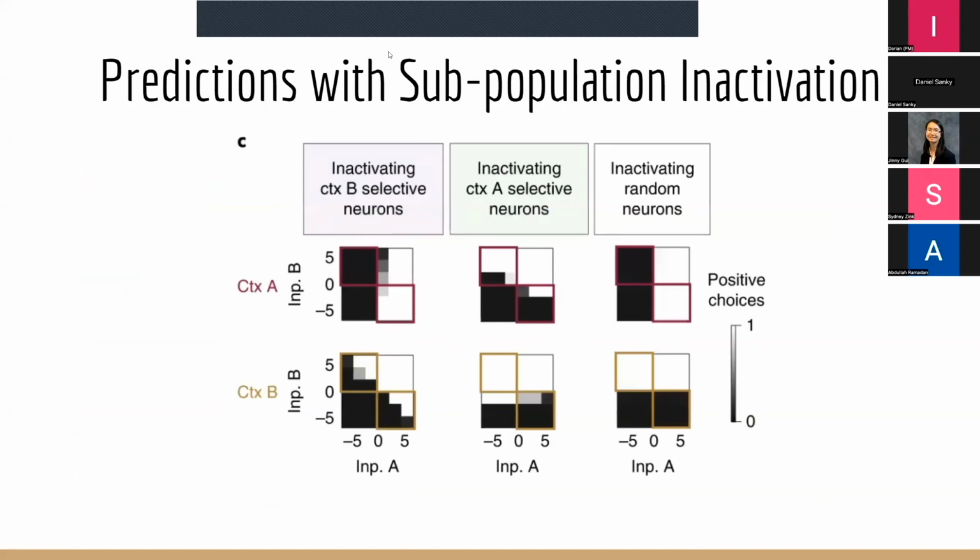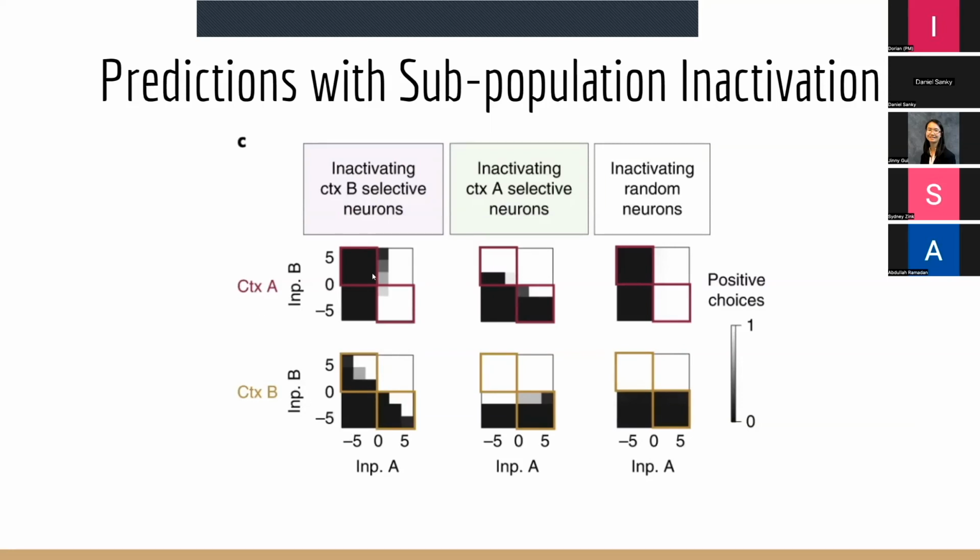They took this a step further. They took their trained network, and then decided to try turning off the neurons that belong to one of the Gaussians. So if they fit two to them, they'd turn off one. If they turned off the population B neurons, it did fine when having to pay attention to, we'll call it, data stream A, but when it tried to make a decision according to data stream B, it did much worse.